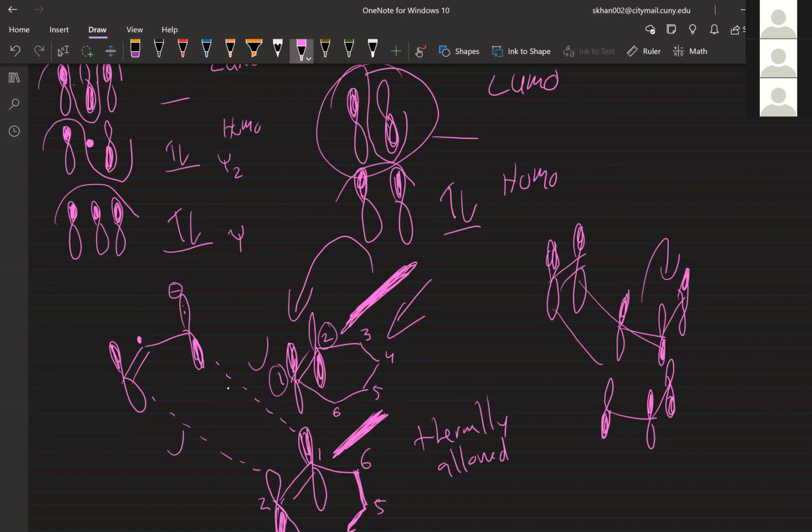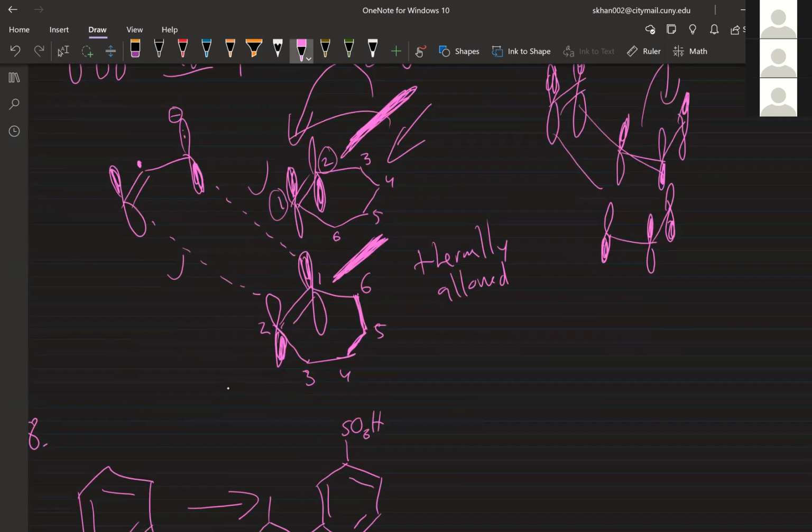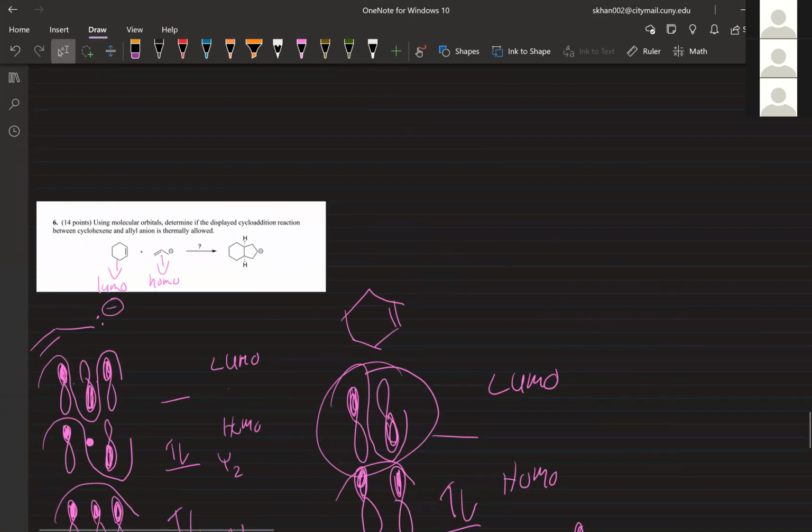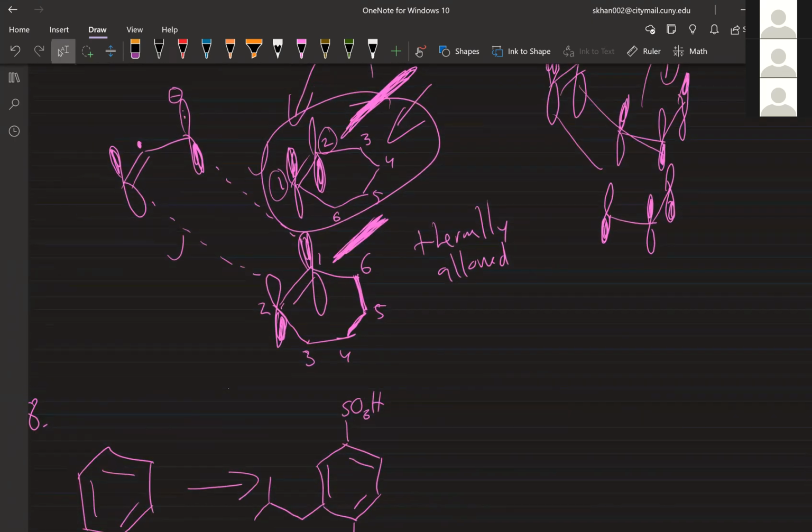In space, they'll always interact in a way they can interact. In 3D space, you could move around, but on paper, you might draw it like I drew it here and think this isn't thermally allowed. But the question specifically said determine if it is thermally allowed, so I always do a full flip to make sure off the other face it lines up.